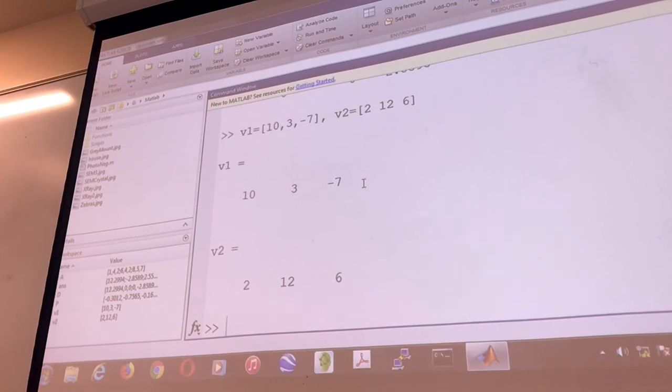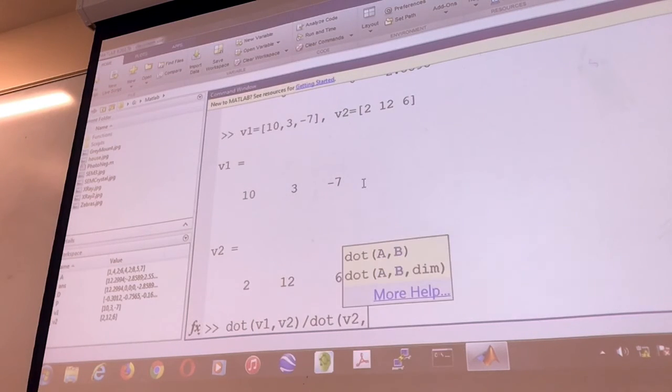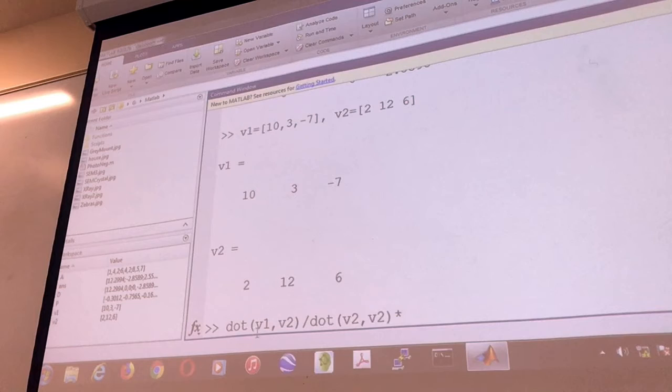So I would use this equation. I would use dot V1 with V2 divided by dot V2 times V2. And remember, dot products return a scalar value, a single number value. So that's why you can multiply this whole expression by a vector and still have it work.